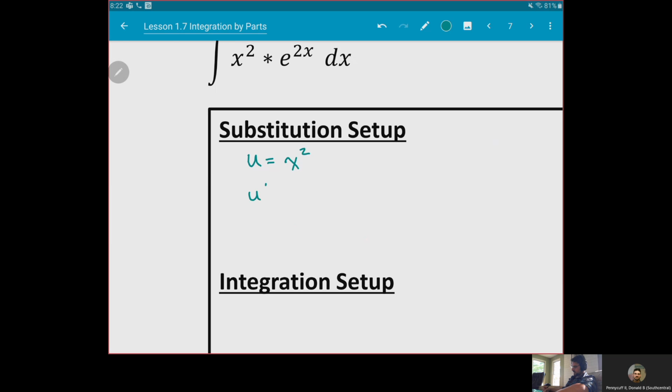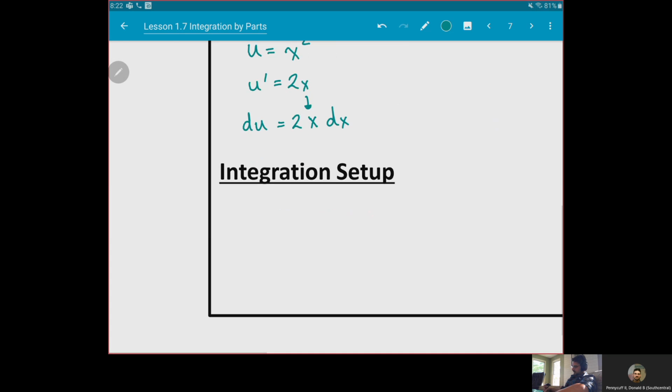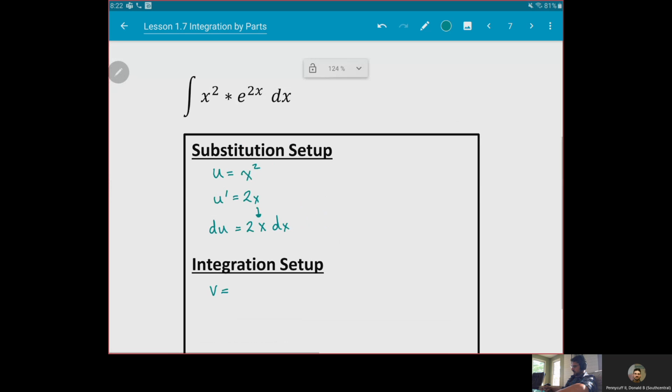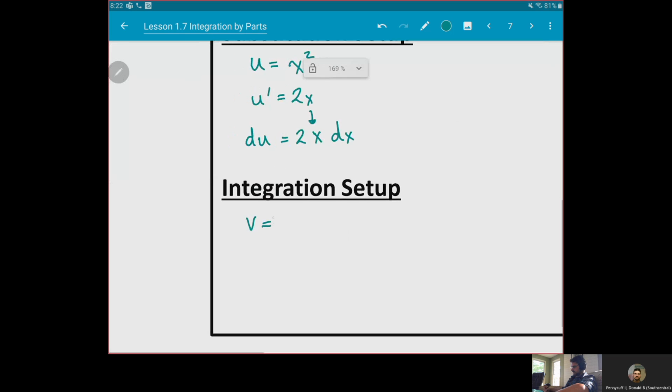So the derivative is 2x, and then that's just going to be du equals 2x dx. So there's the shortcut there. Then v is going to equal the integral of e to the 2x dx.